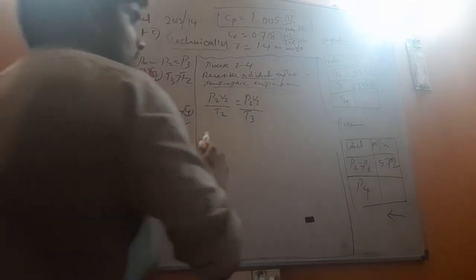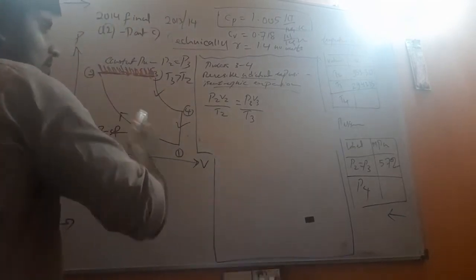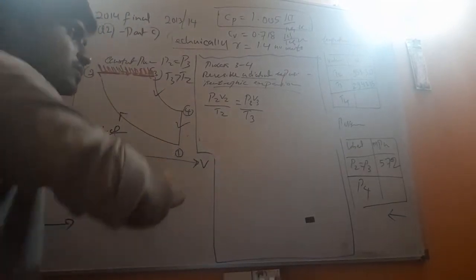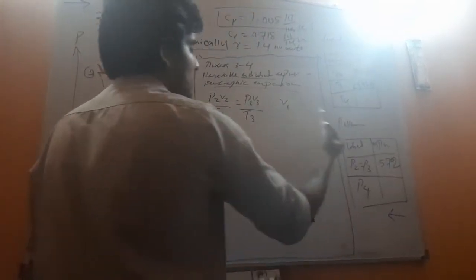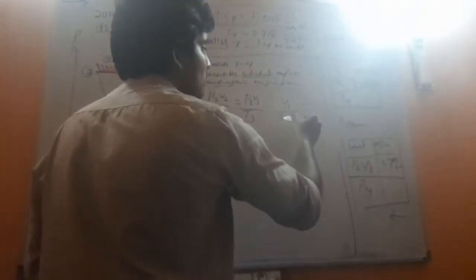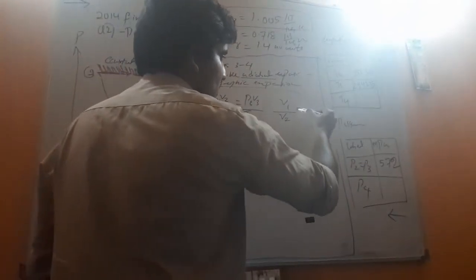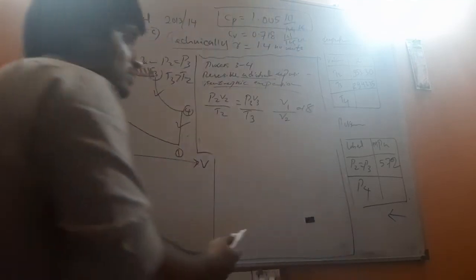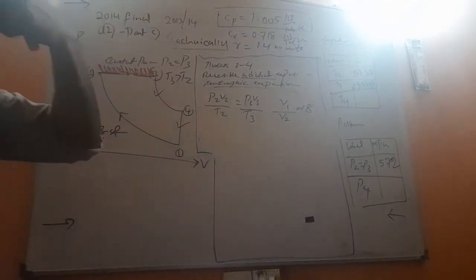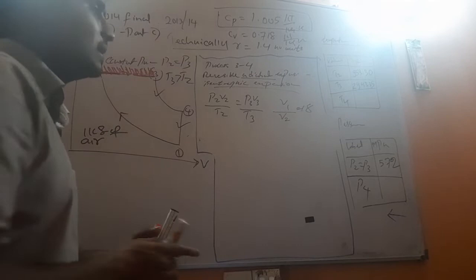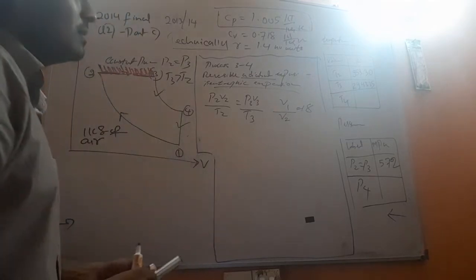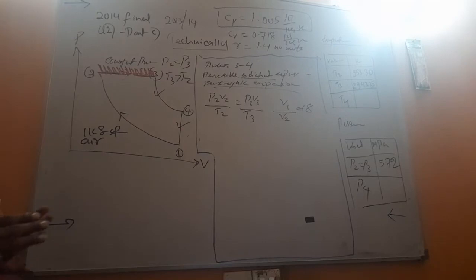And also you can use the relationship for the compression ratio. Initial volume V1 is compressed to a volume of V2, so V1 divided by V2 equals 18, the compression ratio. We previously analyzed the three equations for the adiabatic relationship from 3 to 4, but you could not use them because certain values you don't know.